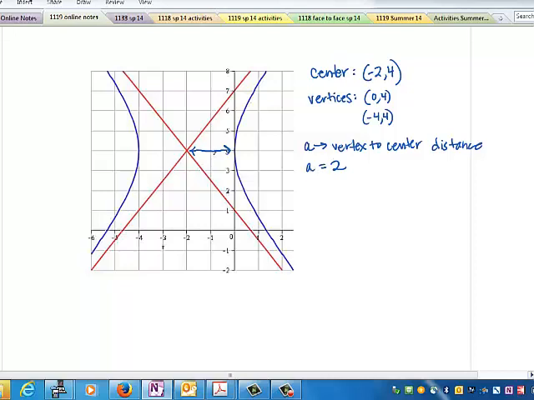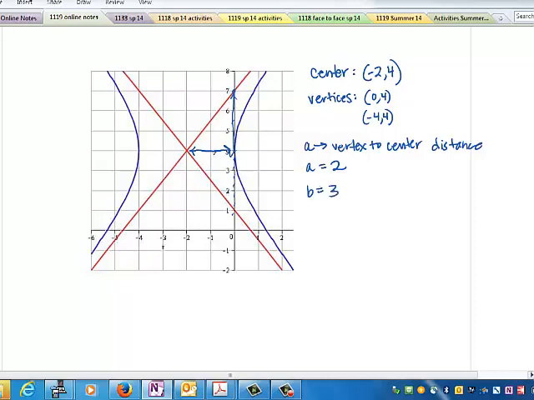And then we can figure out the ratio of a to b if we draw this line up and down through the vertex. We see that that distance up is 3.